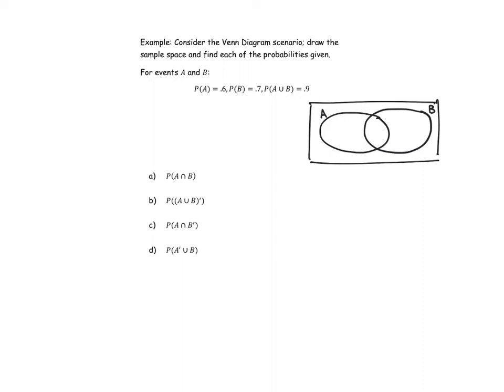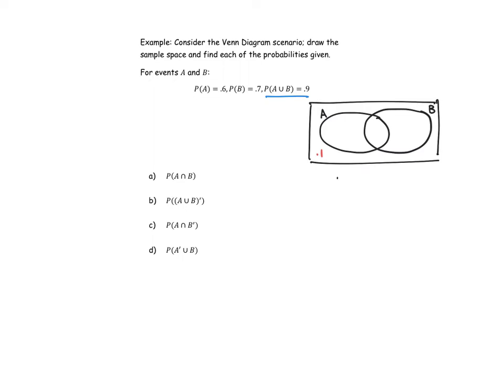The space within event B is 0.7 or 70% chance of occurrence. So anything outside of A and B, apparently, according to this data, is 0.1, right? And I can tell that because the probability of A or B is 0.9. So the sum of the space within A or B, as well as the space shared, is 0.9.